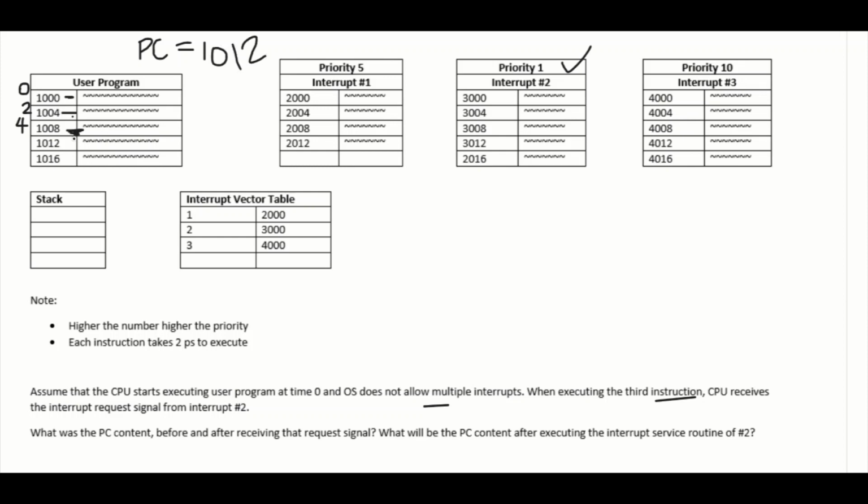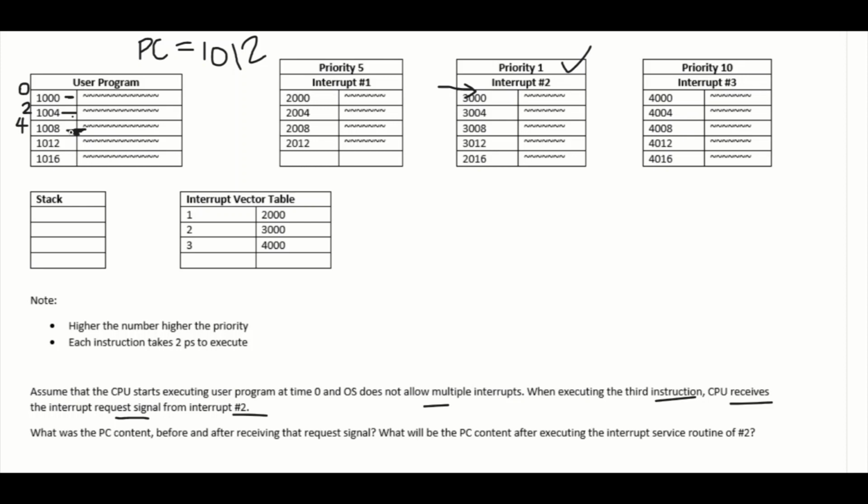So while it is executing the third instruction, just note that the PC will have the address of the next instruction, which is address 1012. But while it is executing the third instruction, the CPU receives an interrupt request signal from interrupt 2. So after the third instruction, it is supposed to execute the service routine.